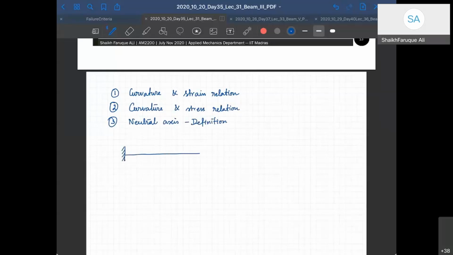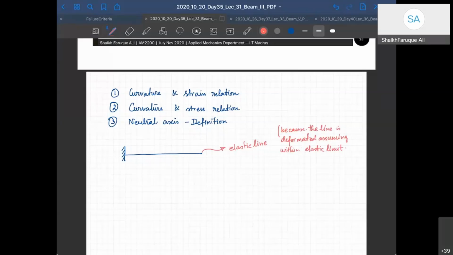okay, a cantilever beam, let's say, and this is the elastic line. What is the elastic line? Why is it called the elastic line? It is called the elastic line because the line is deformed assuming it is within the elastic limit, okay?